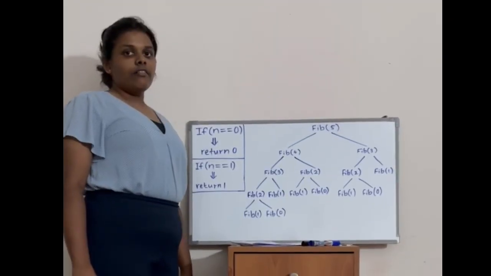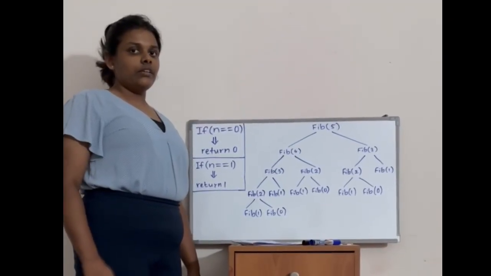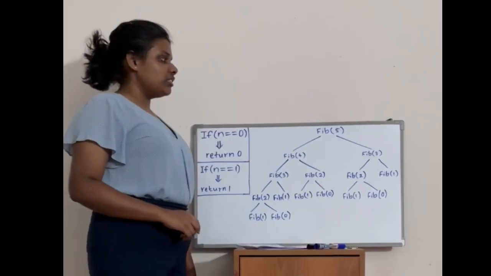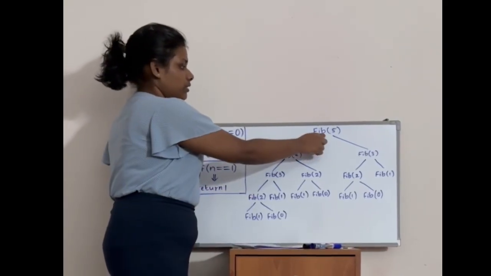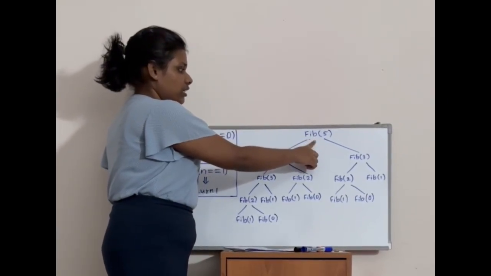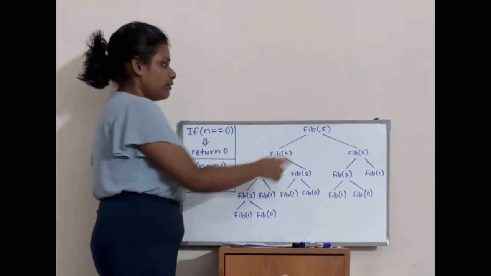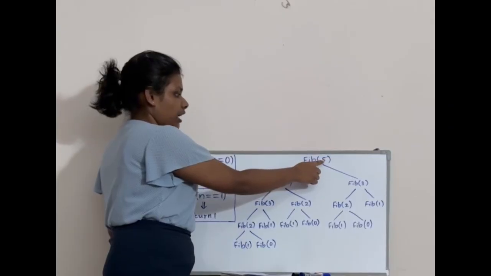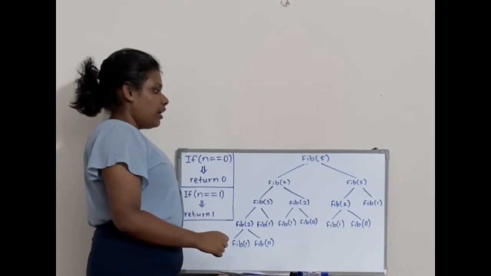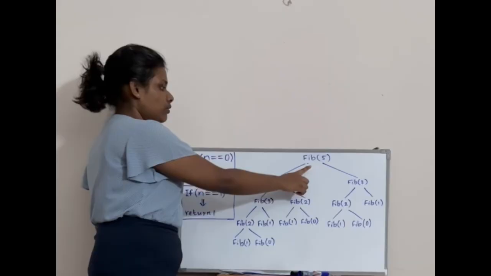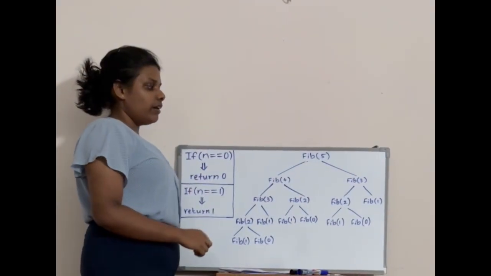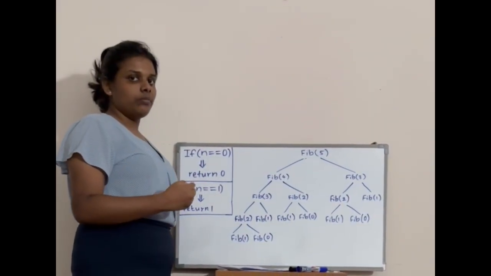Here, our problem is to find the fifth element of the Fibonacci sequence. The fifth represents Fibonacci 5, and since we have to find the fifth element, we are sending the input as 5. And to solve this problem, we divide that problem into subproblems.